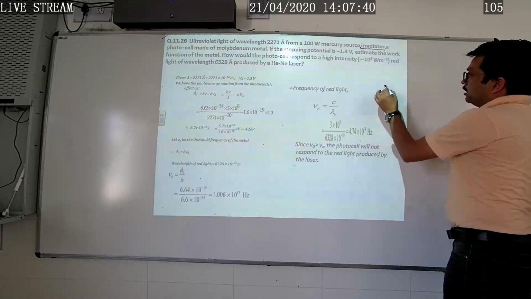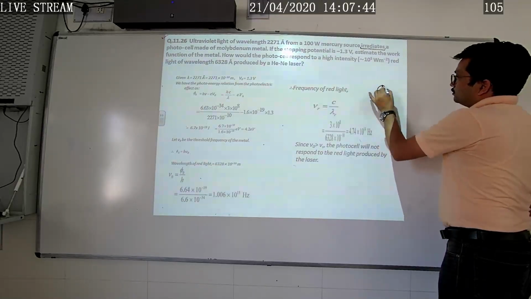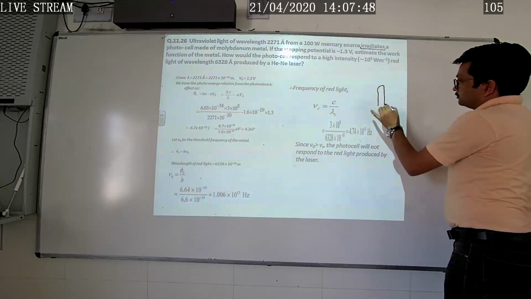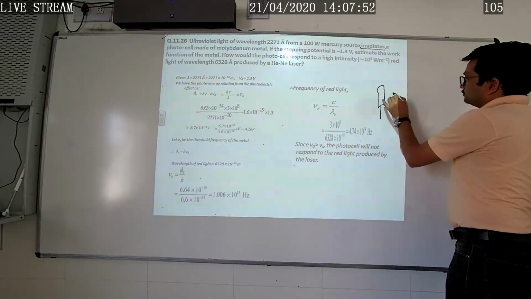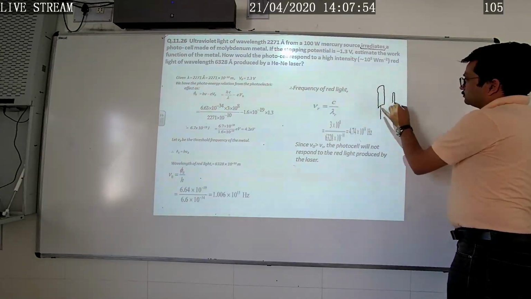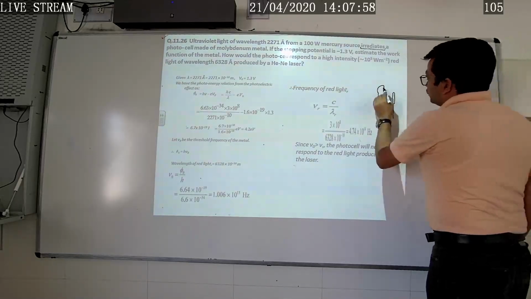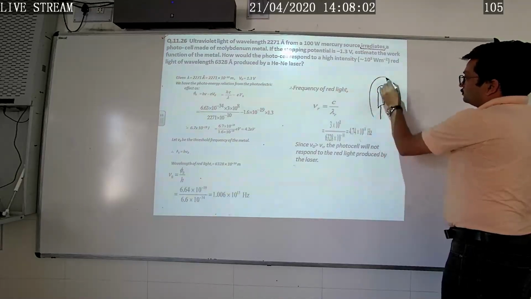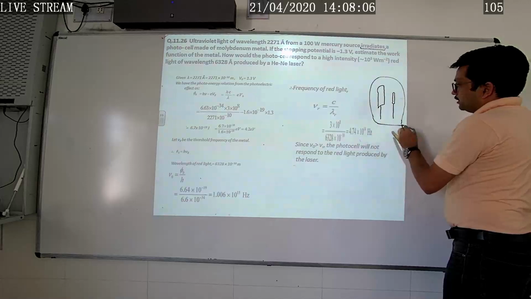Now, suppose, as I have already told you, a photocell, cylindrical and hollow, this is the photocell. I am drawing only the upper part of the picture here.